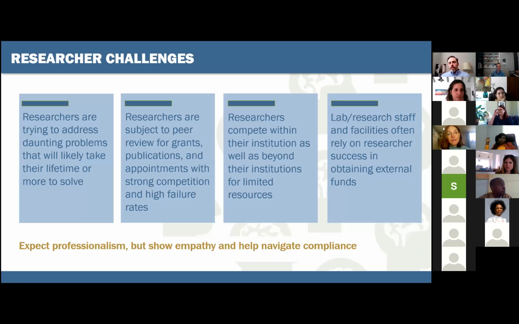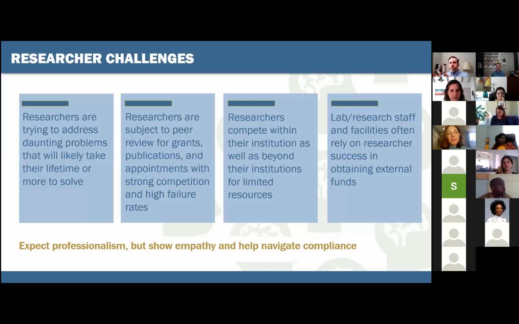And so on this slide, we're just going to talk a little bit about some of the challenges that they face. We've talked about the many hats that they're wearing, but it's also true that the problems they are trying to address in the clinic or in their science are usually very large scale or very complicated problems that they might spend their entire lifetime working on.